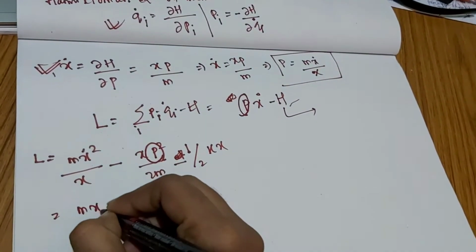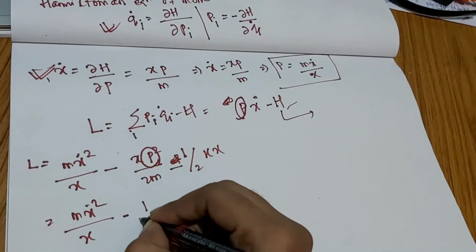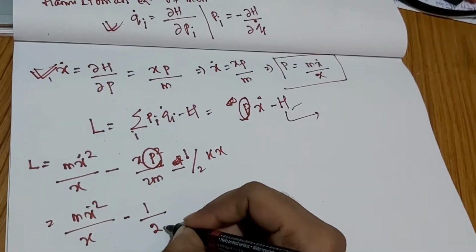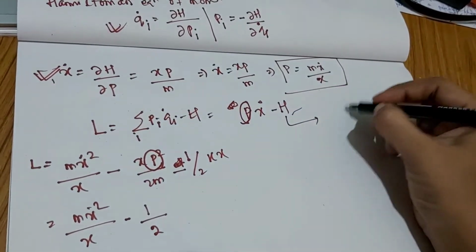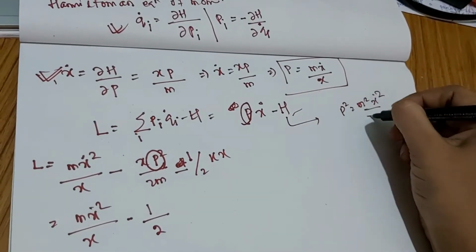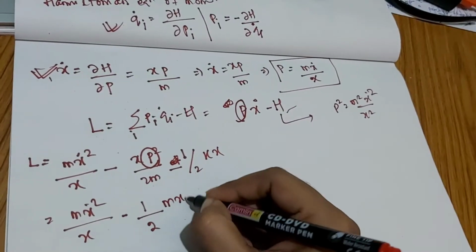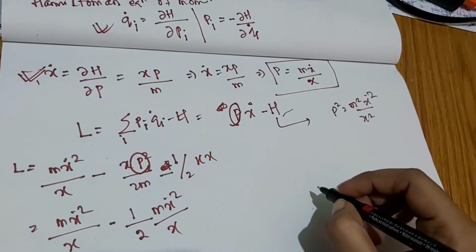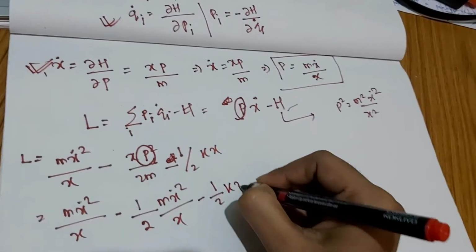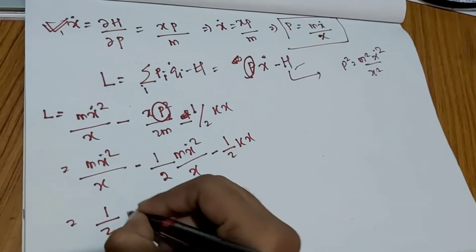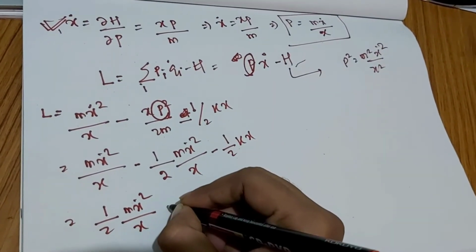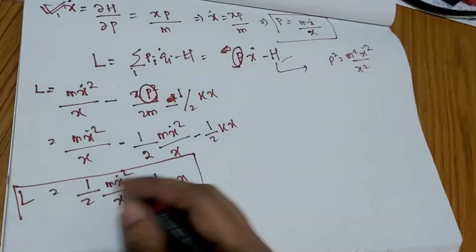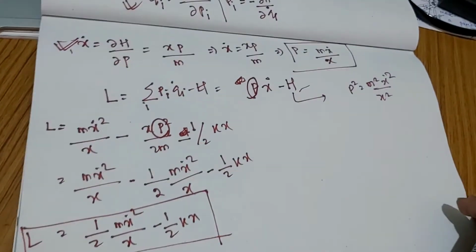So this becomes m x dot squared by x minus half times x times m squared x dot squared by x squared over m. One x and one m get cancelled out, giving half m x dot squared by x, minus half k x. So L is half m x dot squared by x minus half k x. Now it is easy to find the equation of motion.